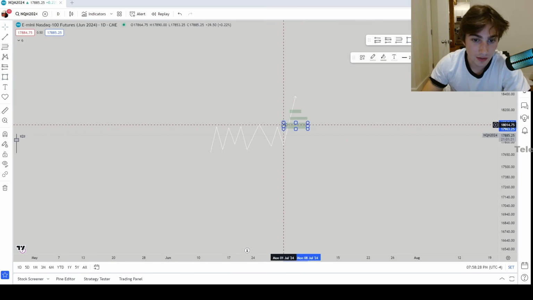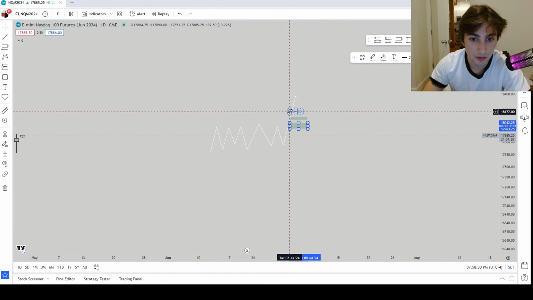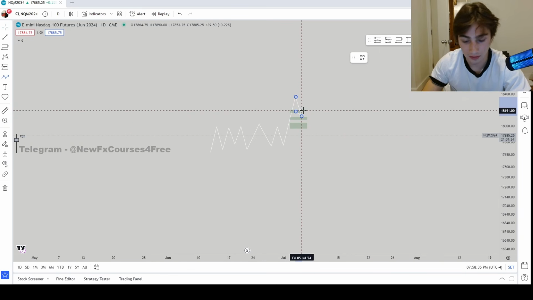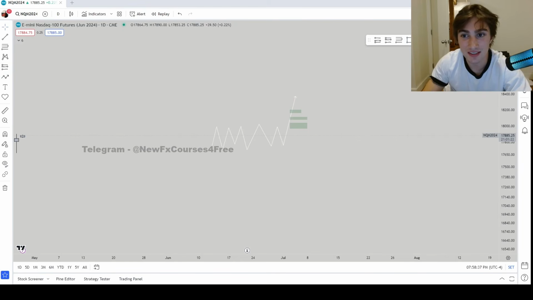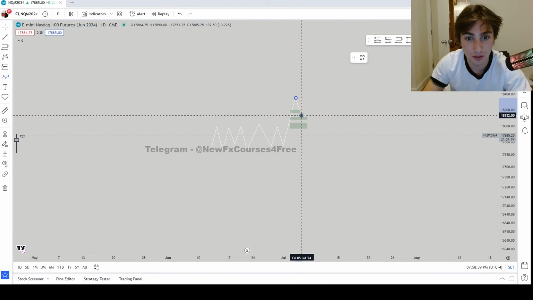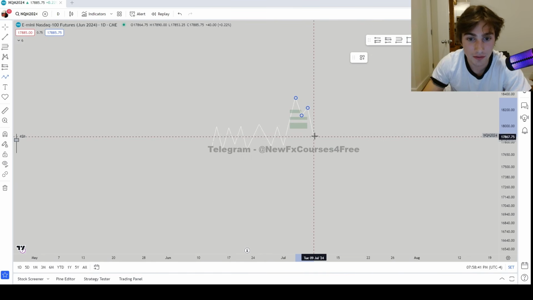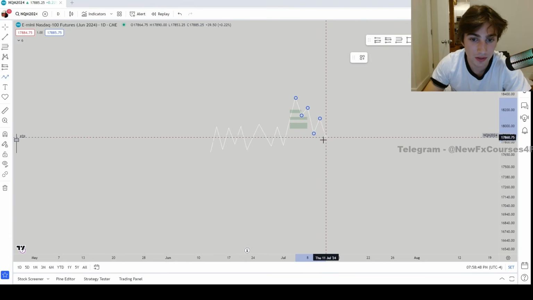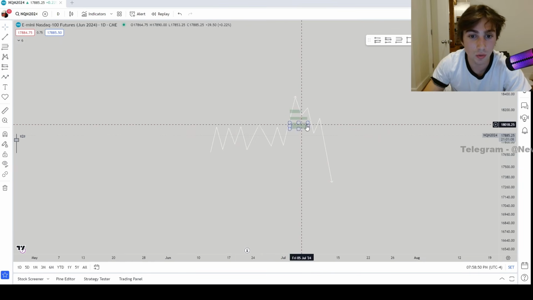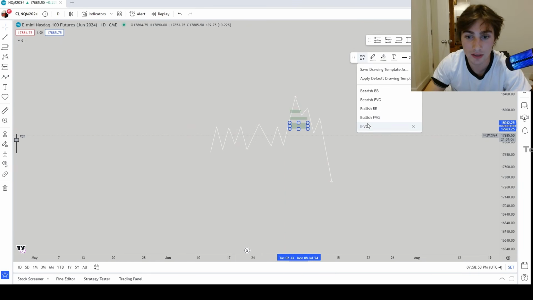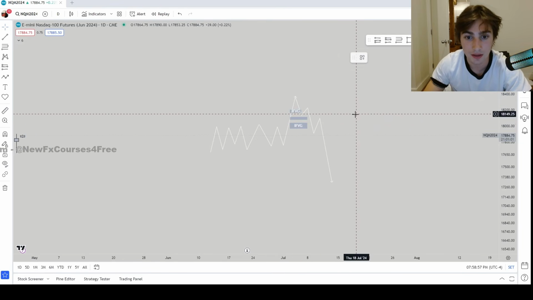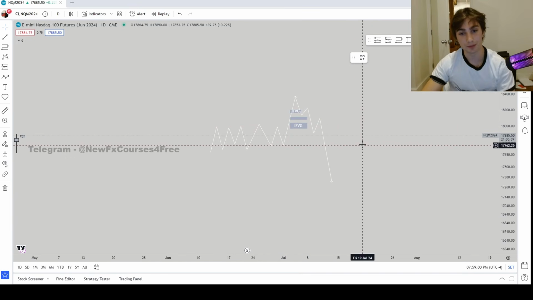Now what's going to change is that instead of taking your entry off just an inversion of one of these fair value gaps, you're going to have to wait for all these fair value gaps to get inversed, and then you would enter. Or ideally, you would wait for price to tap back into one of these inversions and then enter. But you do want to wait for this whole leg to become invalidated and create inverse fair value gaps. And then you would take your entry.